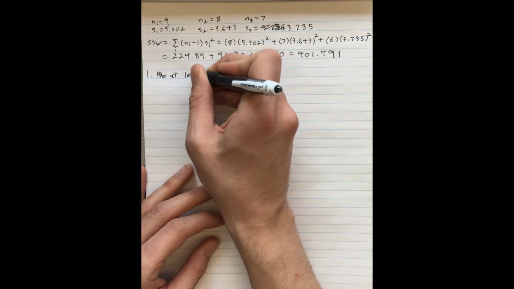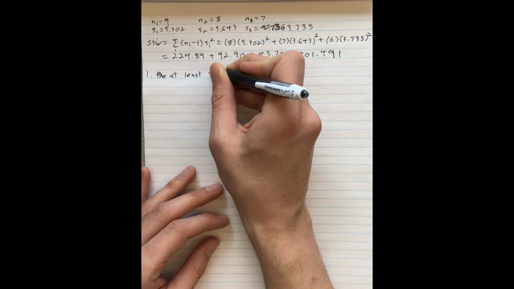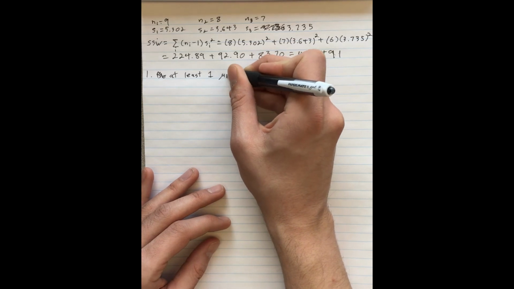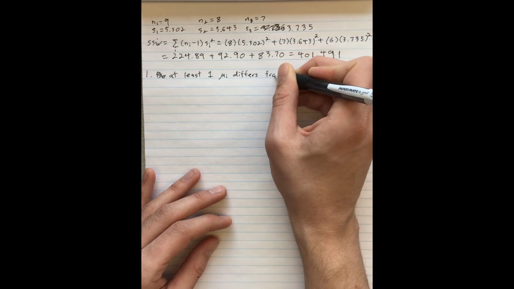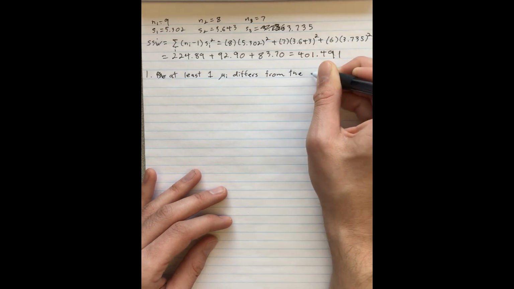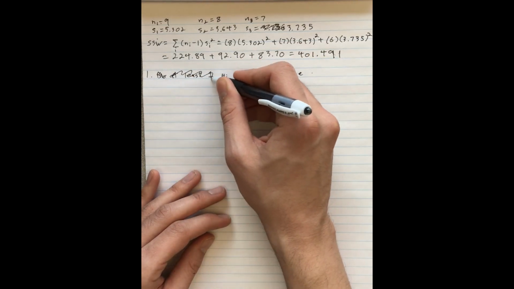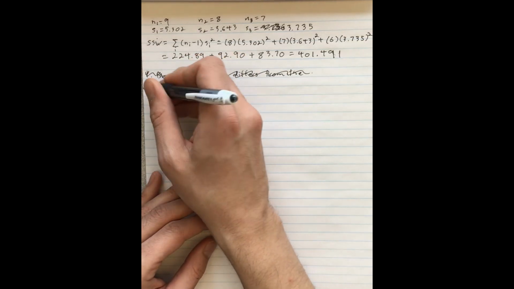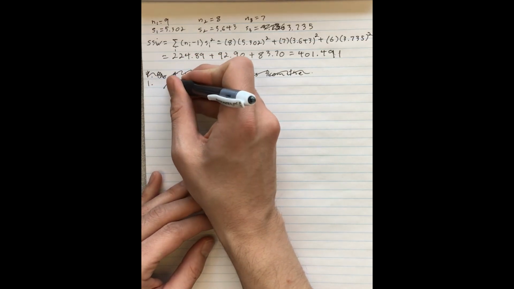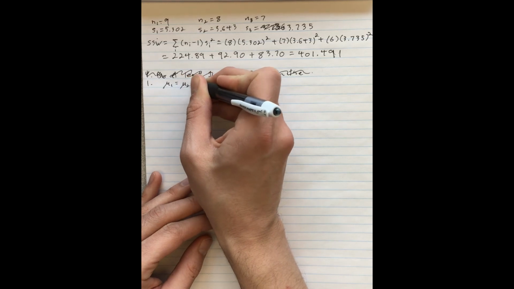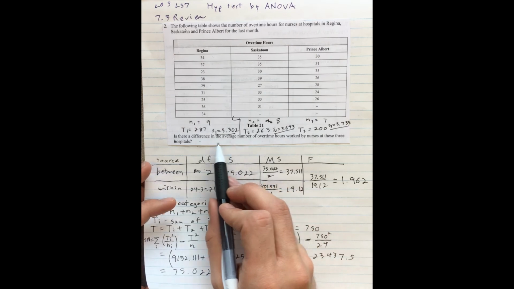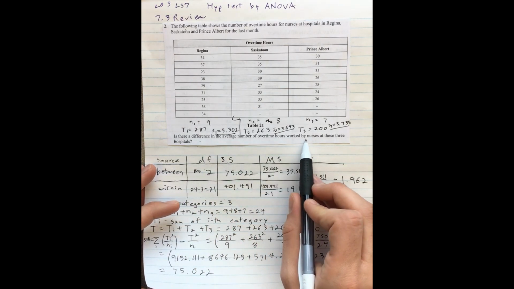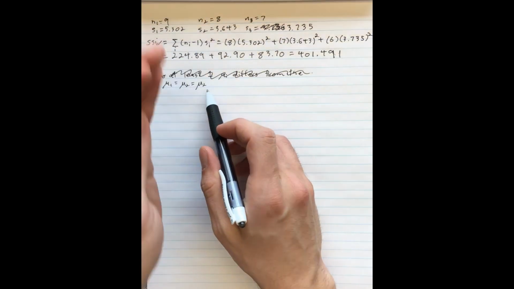That's my alternative hypothesis, sorry about that. The null hypothesis is mu 1 equals mu 2 equals mu 3. The average number of hours worked by the nurses at these 3 hospitals was the same.